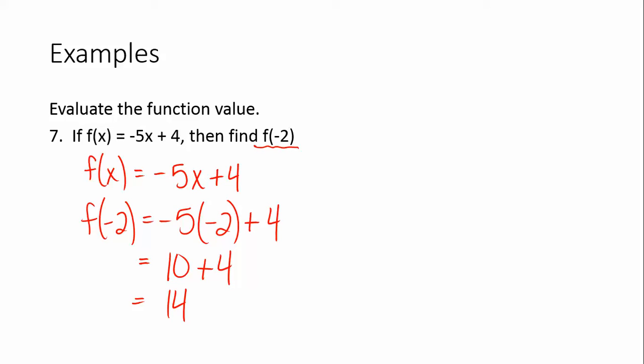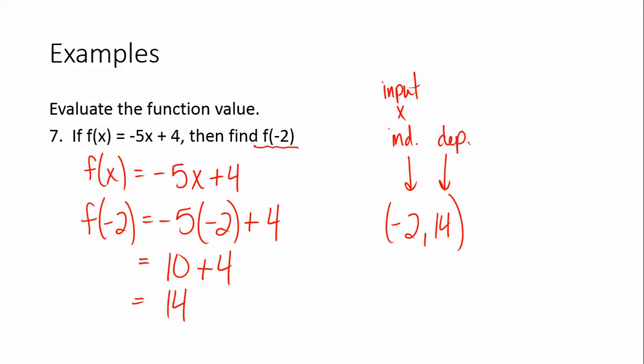If we were to write that as an ordered pair, we would get (-2, 14). Again, this is your independent variable, your x, your input, lots of different words to describe that. Then you get your dependent variable. So the 14 was dependent upon what we plugged in, which was the -2. That's your y or your output.